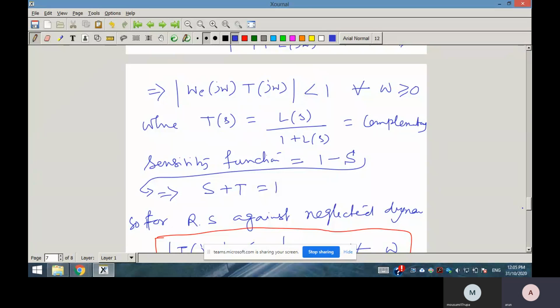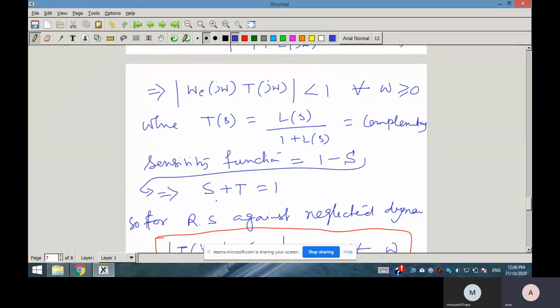Remember that S j omega should be made small at low frequency to tackle parameter uncertainty, and T j omega should be made small at high frequency to tackle unmodeled dynamics. Because of this frequency separation, you can achieve this.